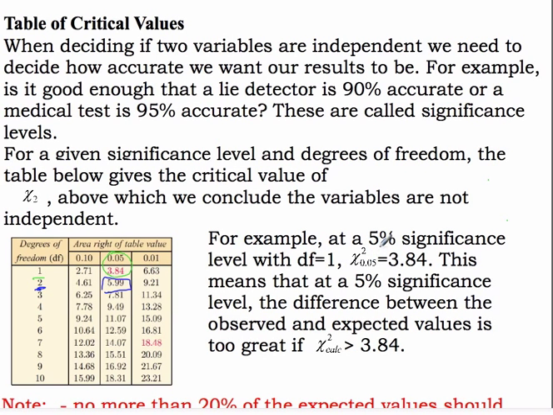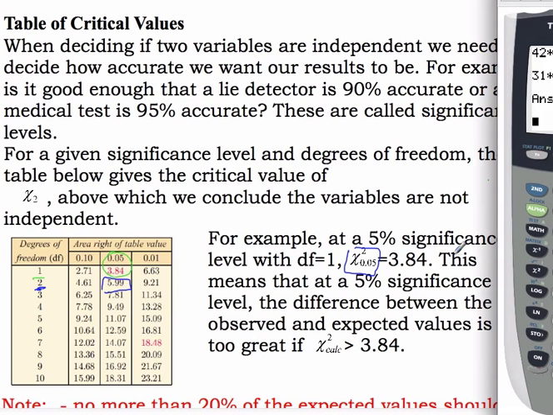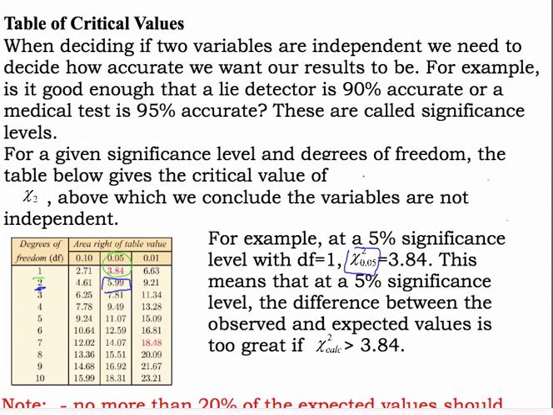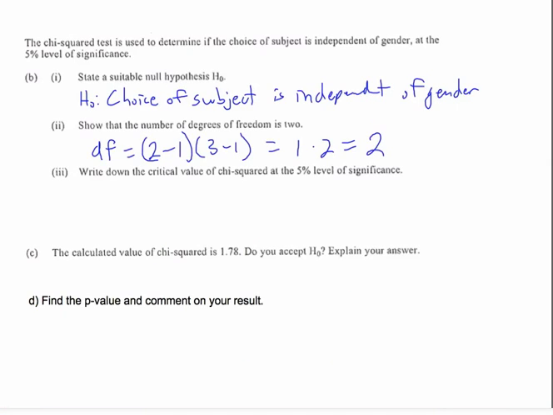Okay, so I write that as chi-squared at 0.05 is 5.99.